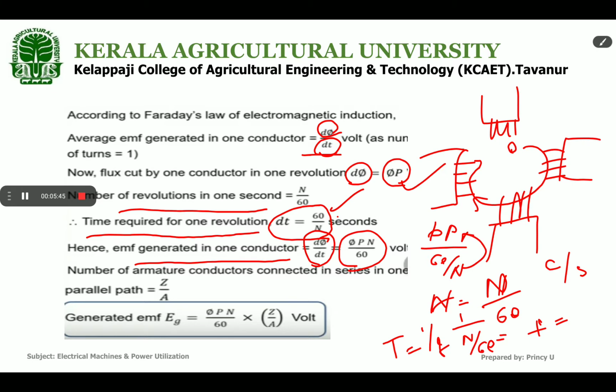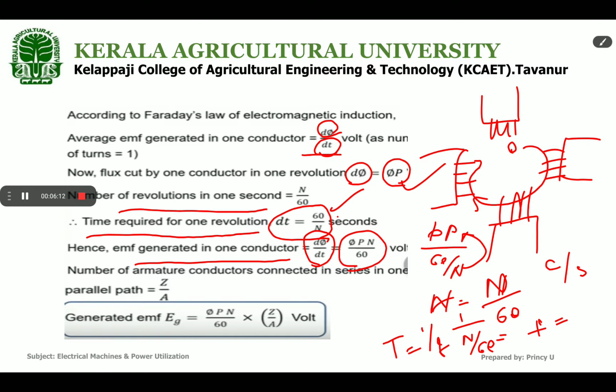Number of armature conductors connected in series in one parallel path: initially we considered only one conductor, now we are going to consider all the conductors. The generated EMF we consider is that of any one parallel path. So now we consider the number of conductors per parallel path.